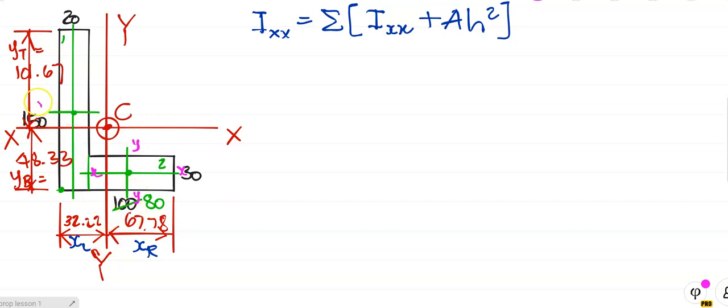This here is the x-axis of element 1, and this here is the y-axis of element 1. Can you see big X, small x? Can you see small y, big Y? This X is the x-axis of the whole cross-section, and this x is the axis of each element.